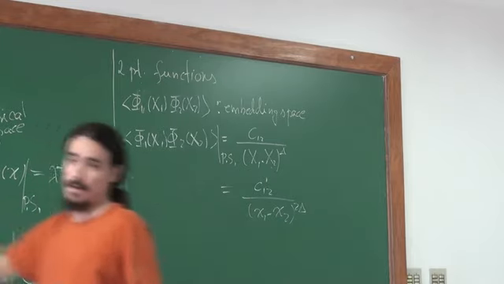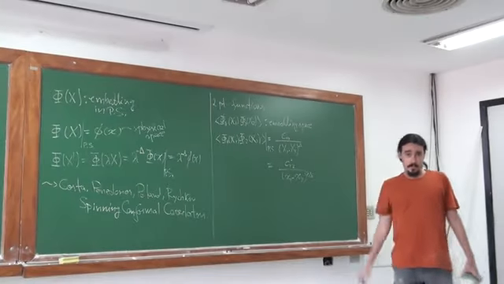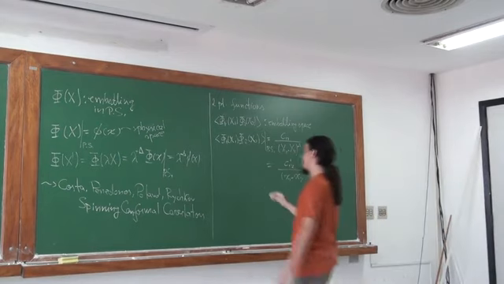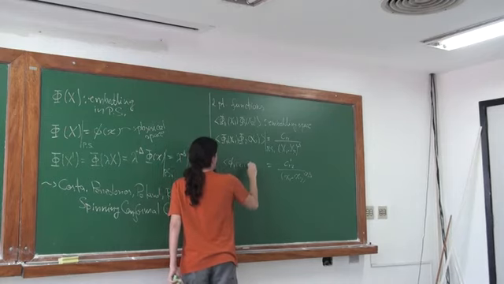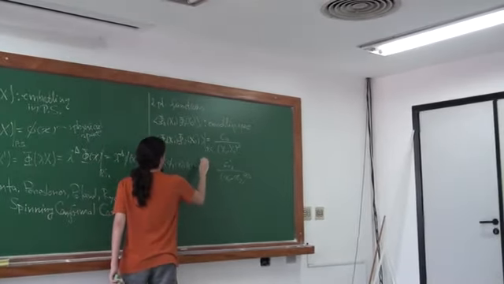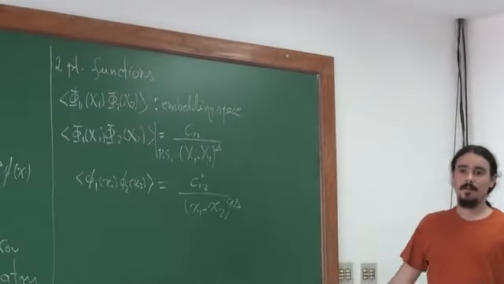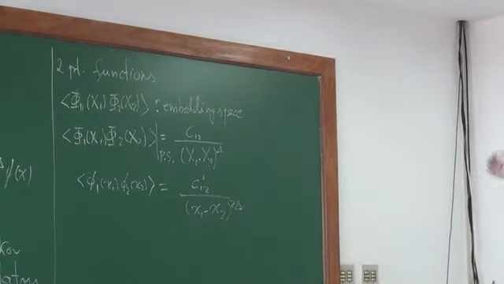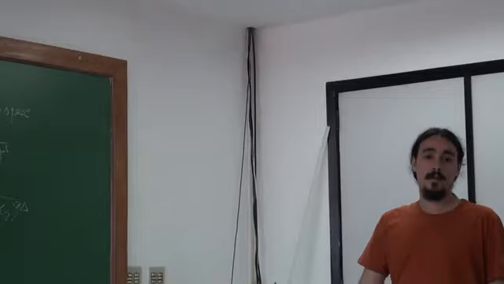And the minus half factor, I just used to redefine the constant. This is in physical space. So that's it. That is the most general 2-point function for scalars in a conformal theory.